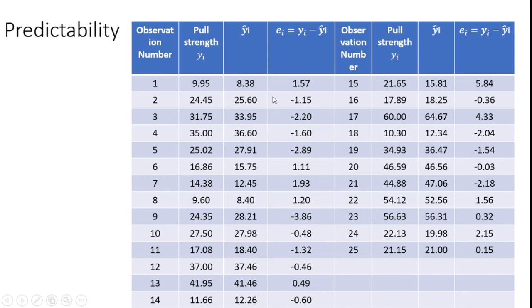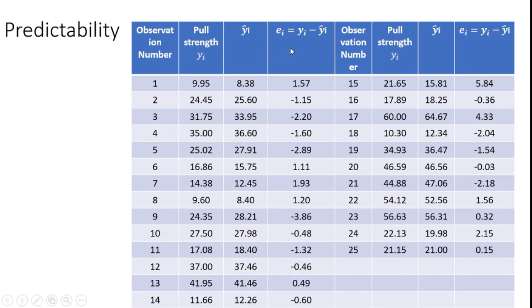I finally find the difference between the predicted value and the experimental value, which means yi minus yi bar. Here yi is 9.95 minus 8.38, so the deviation between the experimental value and the predicted value is 1.57. Let's see the second observation. The experimental pull strength is 24.95 and the predicted value is 25.60.